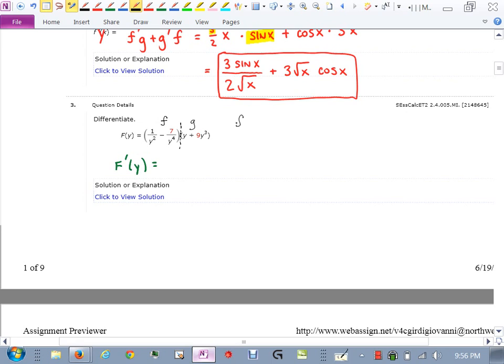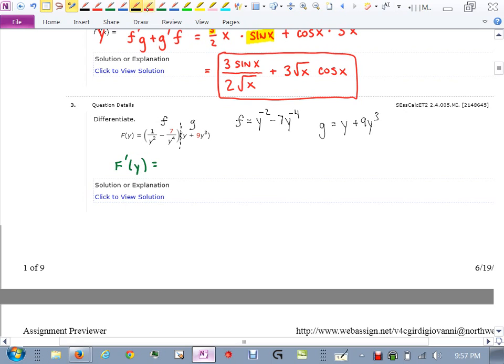Now notice the f function, I'm going to rewrite it, is y to the negative 2 minus 7y to the negative 4. So I brought the y's up and put their negative exponents. My g function is just y plus 9y cubed. And now I'll need some derivatives.